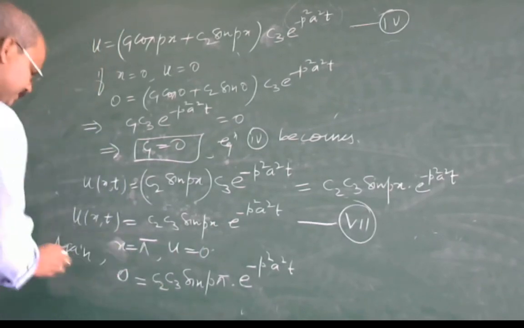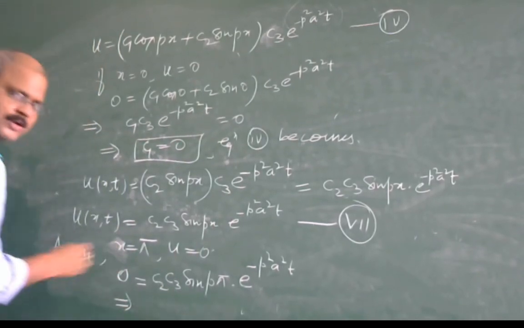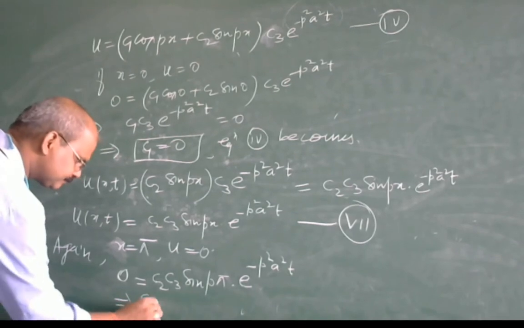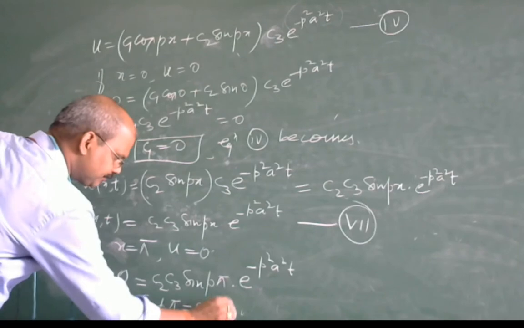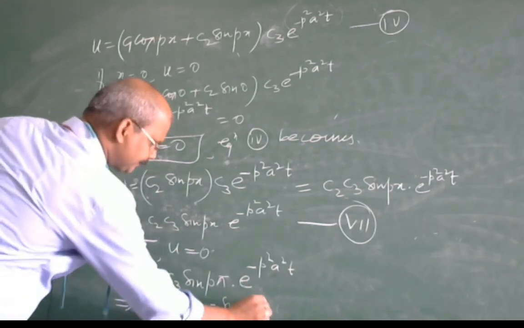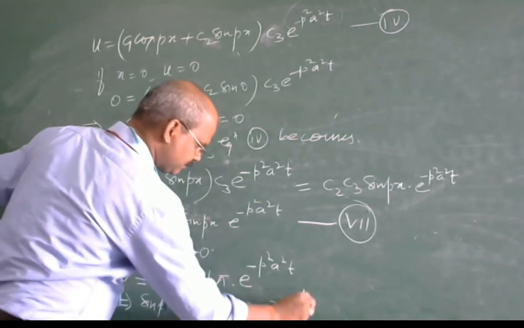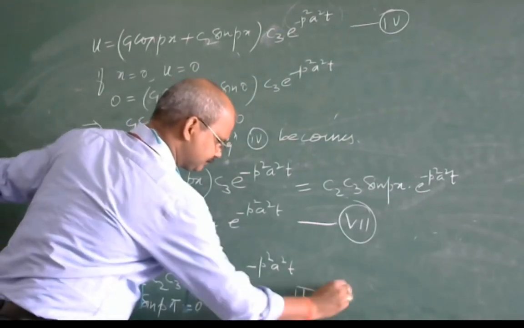So due to this, the only acceptable solution is sin p pi equal to 0, which is equal to sin n pi. This implies that p equal to n.